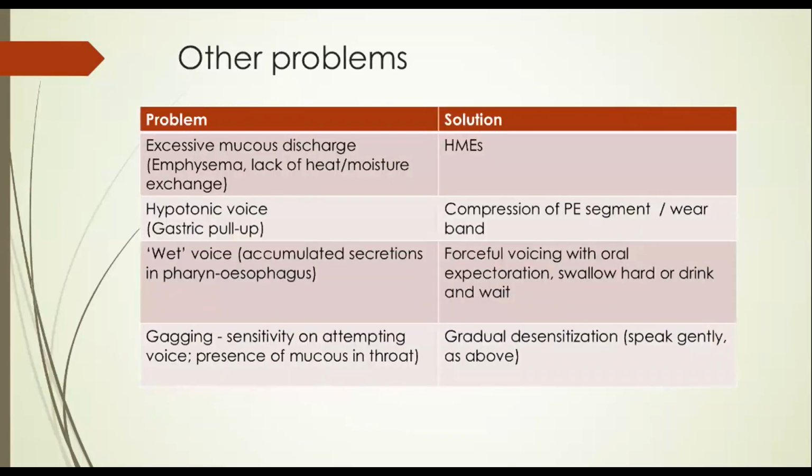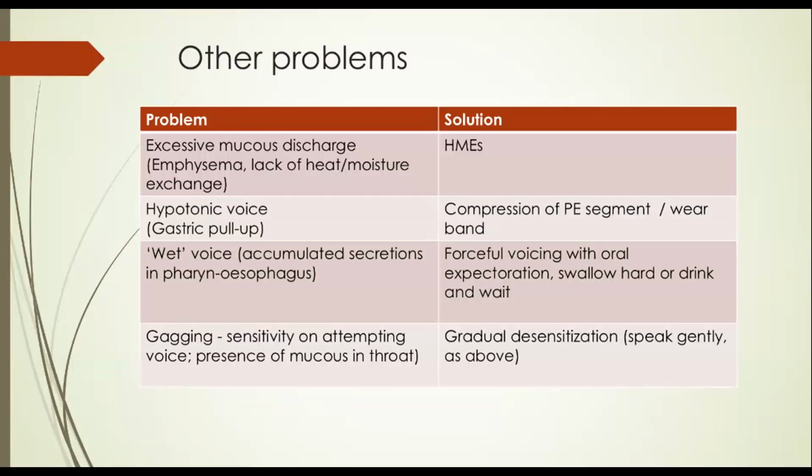Some of the other problems that we see: if there's excessive mucus or discharge, it's often a cause of emphysema, and it's due to a lack of heat-moisture exchange. There are heat-moisture exchange devices that you can house on a Larry tube.